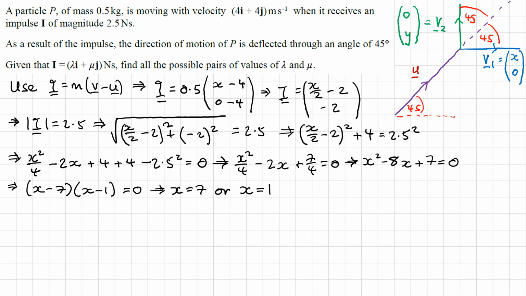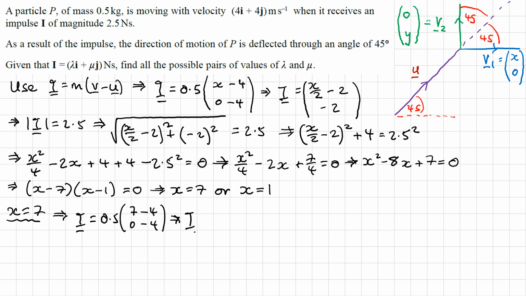Now with those two values of x, what I'm going to do is work out what the impulse could be. So let's start with x is equal to 7. With x equal to 7, I'll get impulse is equal to 0.5, and then it'll be 7 minus 4, 0 minus 4.